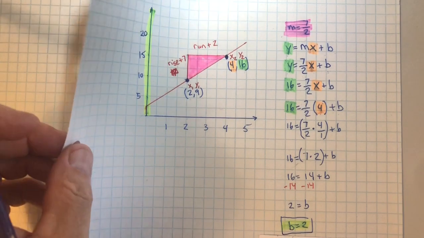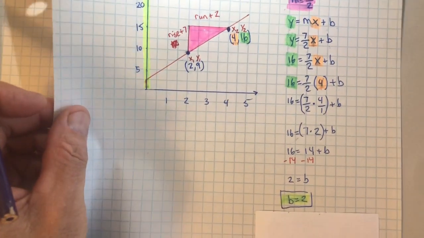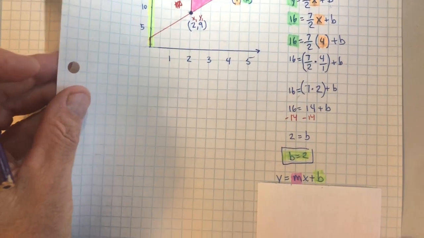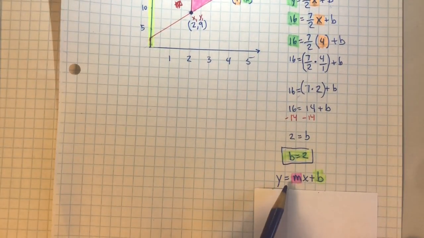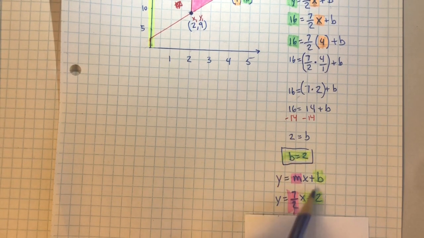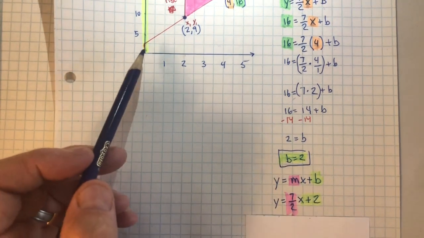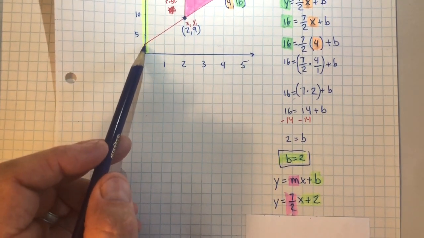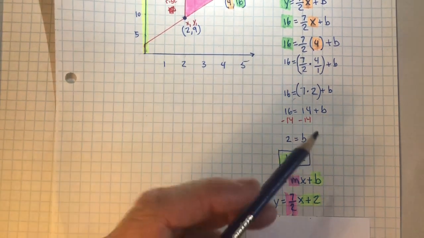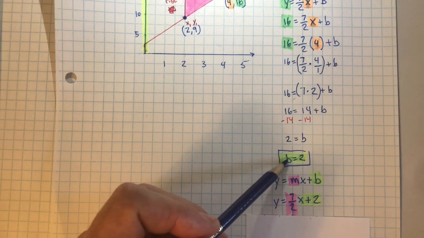That gives me the missing term I needed to put it into slope-intercept form. Remember, the slope was 7/2, and we found the y-intercept of 2. So y equals 7/2 x plus 2. Before, I thought it was maybe around 2.5, maybe a little less. I didn't know, so that's why I had to find the actual y-intercept, the b value.